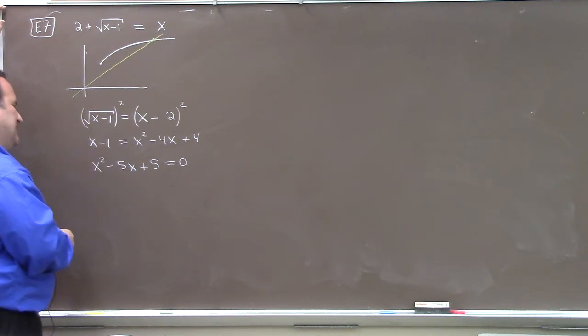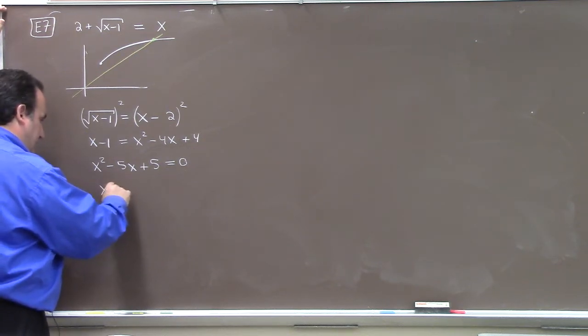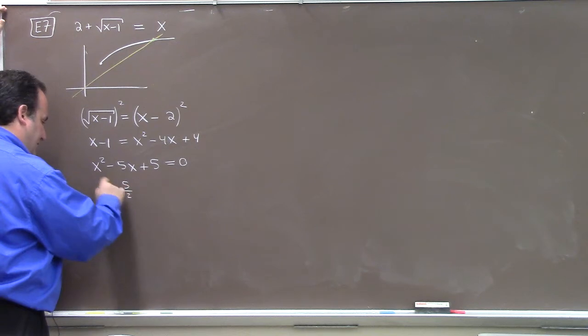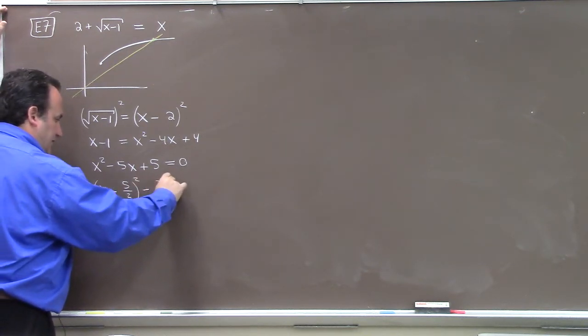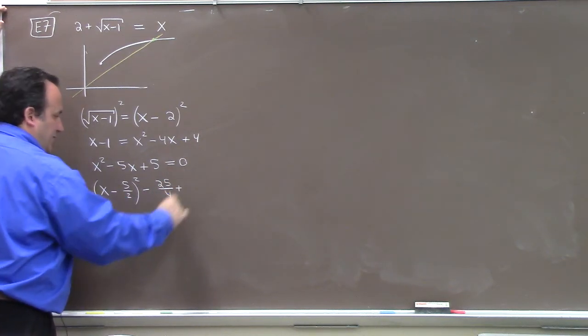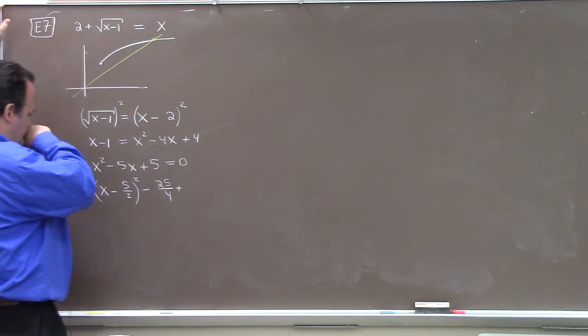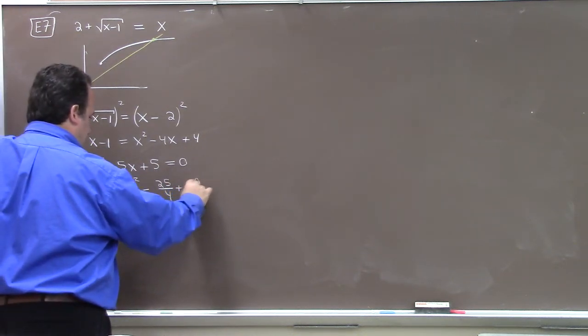And I don't believe it factors, so I'll complete the square on this guy. x minus 5 halves squared minus 25 over 4. How many fourths is 5? 20, right? 20 fourths.